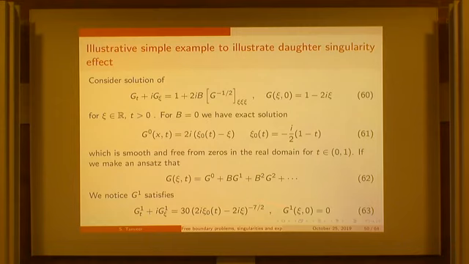Now notice that if you were to do an engineering or physical argument, you'd say, aha, the curvature based on this solution on the physical domain is not large until t is 1, right?